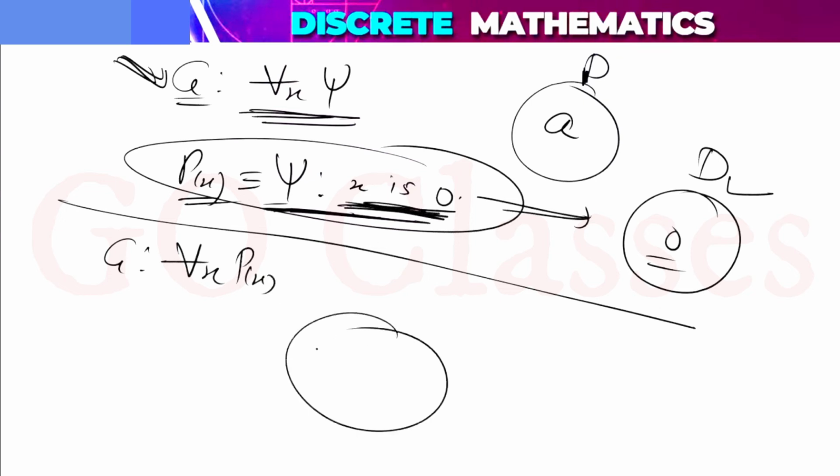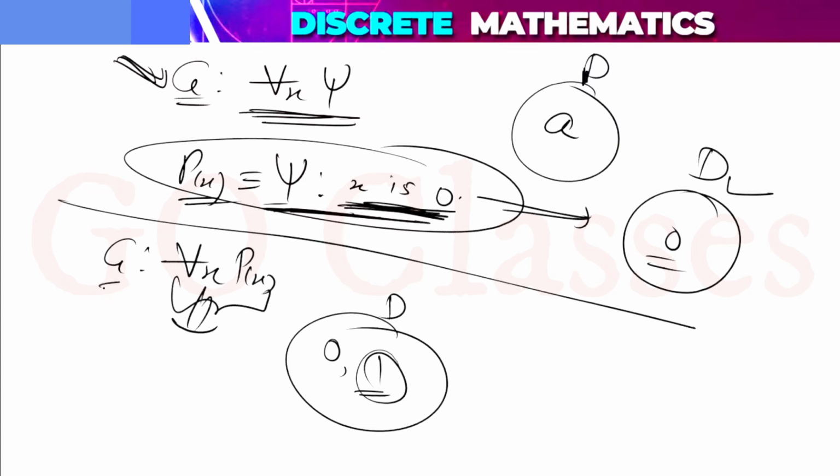Now if you create a domain of size 2, basically 2 elements, you take 0, and the other element you need to take, let's assume you put 1. As soon as you put any other element other than 0, automatically this formula will become false, because 1 is not 0.